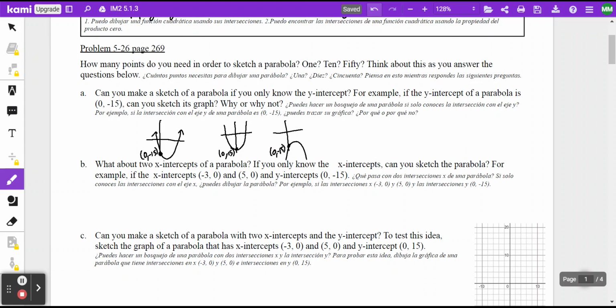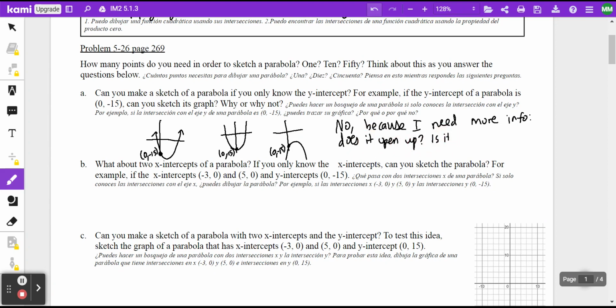So I think the answer is no, because I need more info. Does it open up?